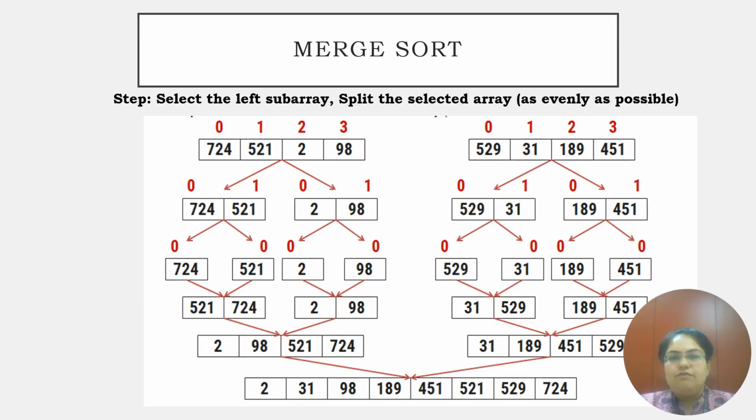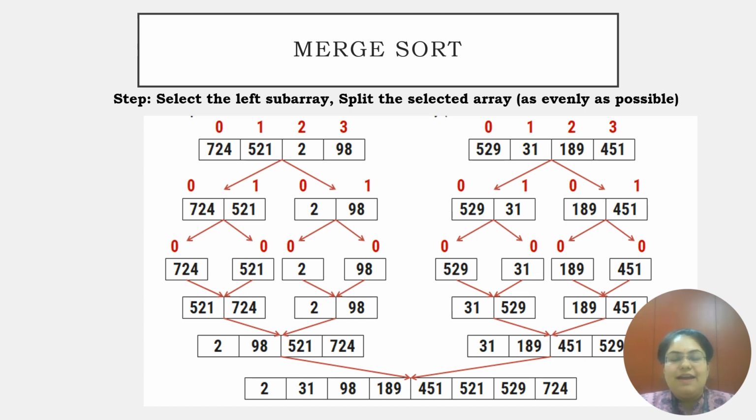So here we have two sub arrays, left hand side and right hand side. We are going to again divide these sub arrays until we find a single element in an array.